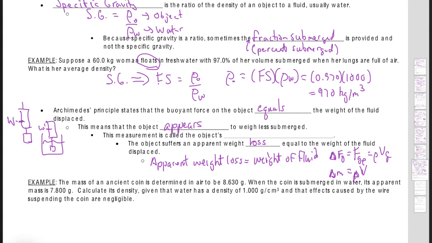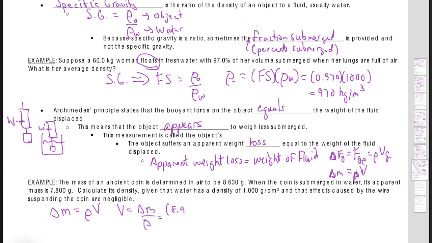What we can do here is find the change in mass by doing rho V. The volume would be the water displaced, so volume equals change in mass over density.